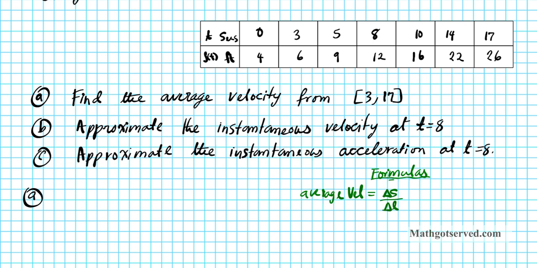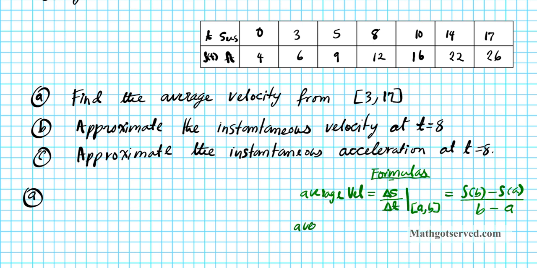Let's say we're looking for the average velocity on an interval AB. It's given by the slope of the secant line through those 2 points, A comma s of a and B comma s of b. To find the slope, we do s of b, which is like your y2, minus s of a, which is y1, divided by x2, which is b, minus x1, which is a. So that's your average velocity.